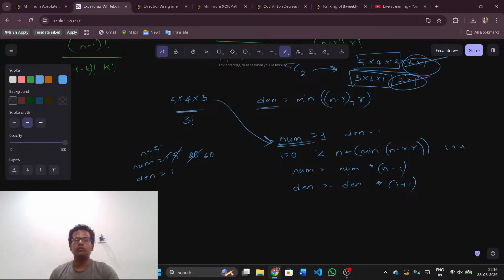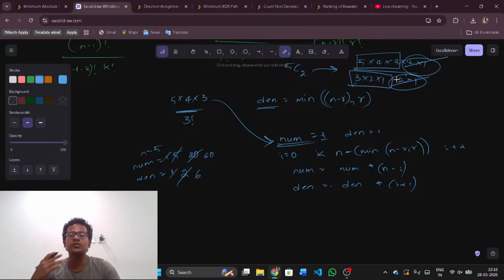Denominator is equal to 1. When I is equal to 0, I plus 1 is 1, and 1 into 1 is 1. When I is equal to 1, 1 plus 1 will become 2, so 1 into 2 is 2. Now I is equal to 2, 2 plus 1 is 3. So 3 into the denominator 2 will become 6, nothing but 3 into 2 into 1, 6.